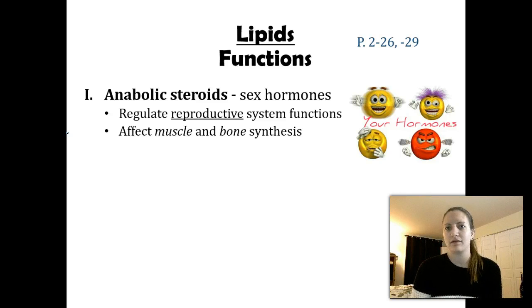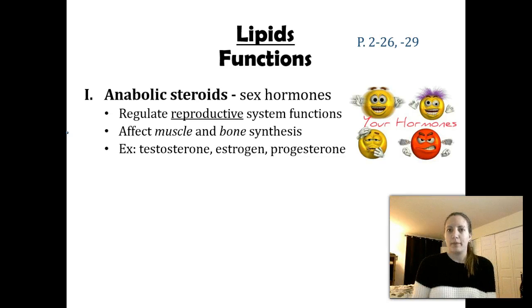So you may actually be familiar with some of these. In females, some of the big hormones are estrogen and progesterone. So again, these are our sex hormones. These are the ones controlling periods and controlling pregnancy and controlling our everyday lives and when we hit puberty. For males, it's testosterone.